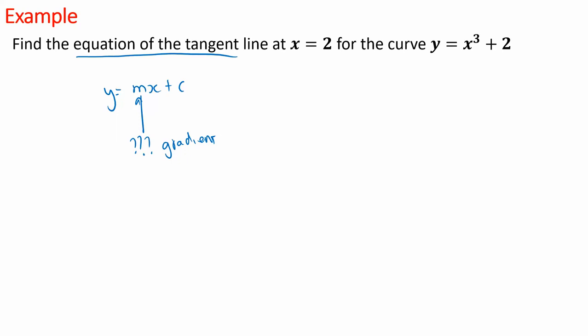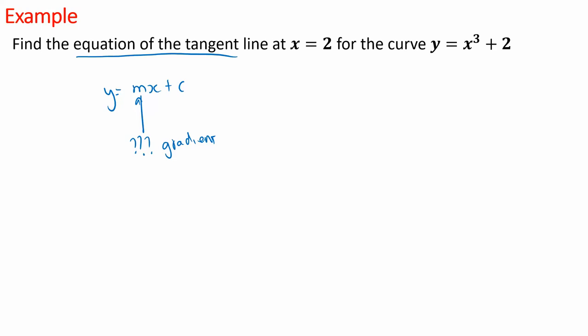Do we have a point? Yeah, we do. That's true. Very good. Okay, so y equals 10.